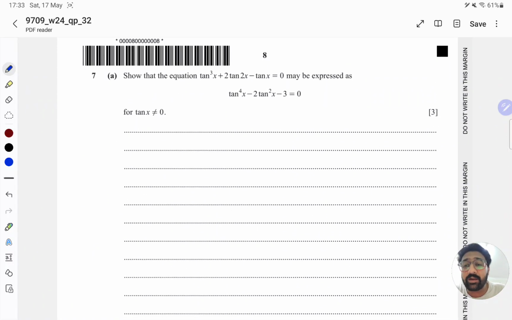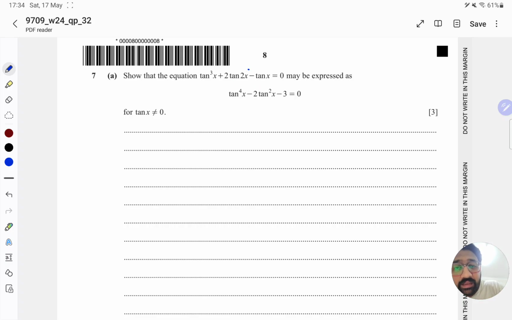Question number 7, part A says to show that the given equation may be expressed as tan power 4 x minus 2 tan square x minus 3 equals 0, for tan x not equal to 0.